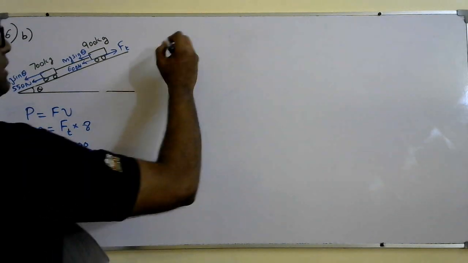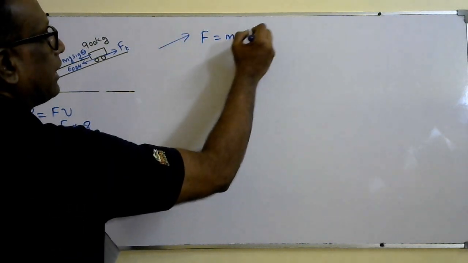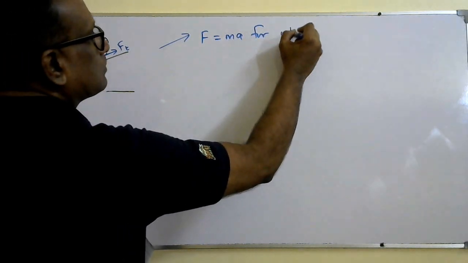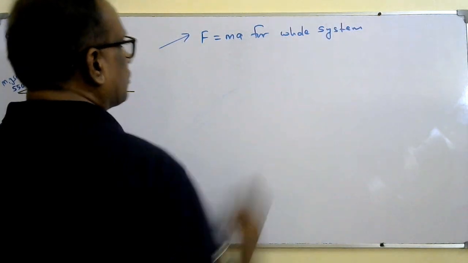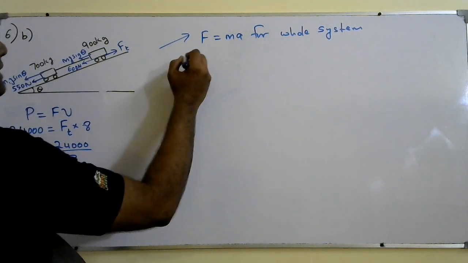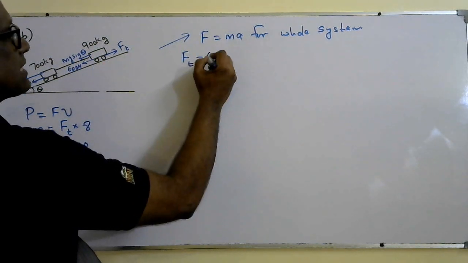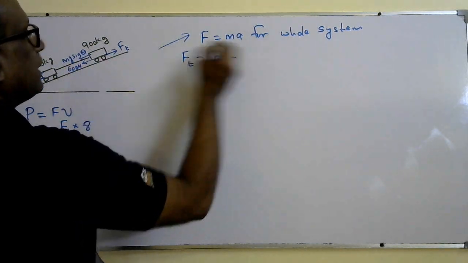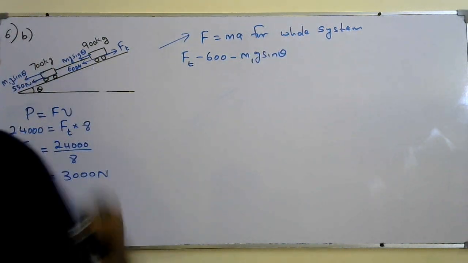So we'll use, along the slope upward direction, F equal ma for the whole system. So we don't need to consider the tension on the rod. So that is Ft minus the friction 600 minus m1g sin theta, that is for the van.